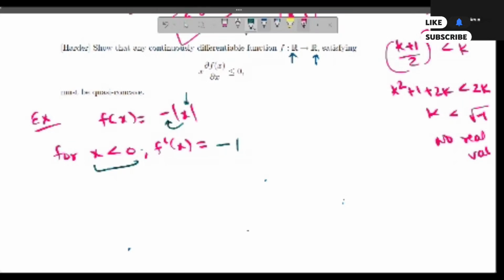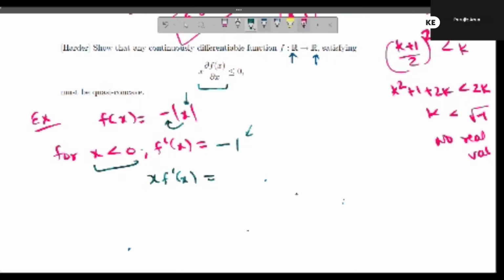Now this f dash x will be, Ma'am, but that's not differentiation, right? That's just putting the value of x in f(x). No, what I did, differentiation of x is 1, no? That's why I wrote here -1. Okay, got it.